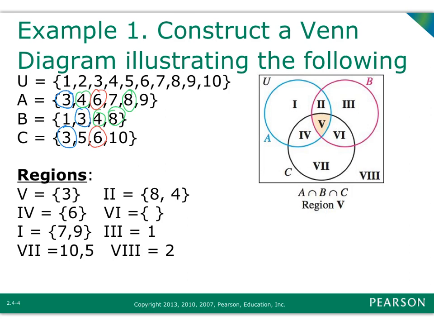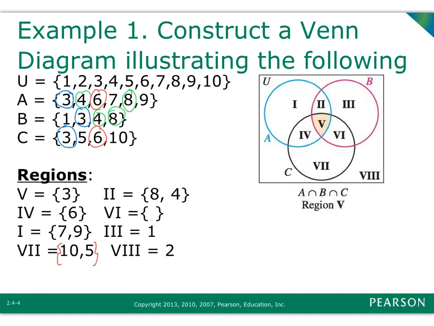And in region 7, we have 10 and 5, the set {10, 5}. And so now we've done all of the overlapping ones.